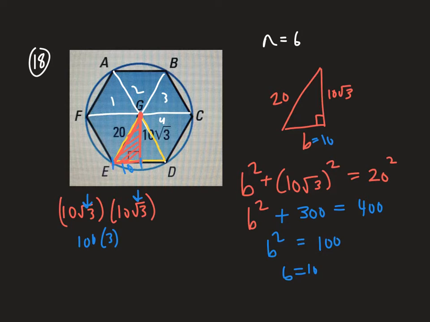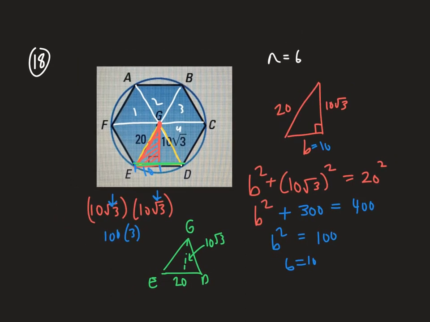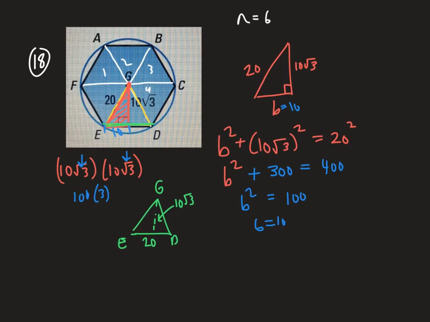So what that tells me is that each of these triangles, for example triangle G, E, D, from E to D is 20, and we know the height was given originally, that's the 10 root 3. The area of a triangle is always 1/2 base times height.